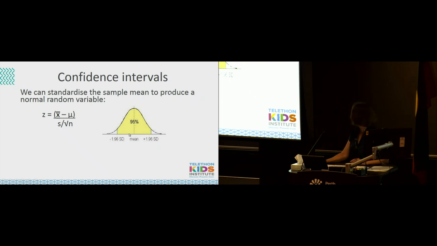So the probability of having a value between minus 1.96 times the standard deviation and plus 1.96 times the standard deviation, or in our case, we're looking at a sampling distribution, so it's the standard error. The probability of falling within this range of values is 95%, or 0.95.